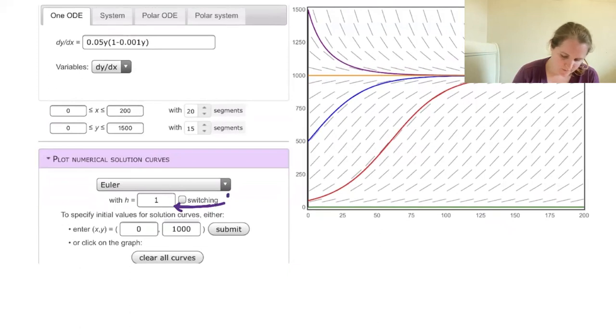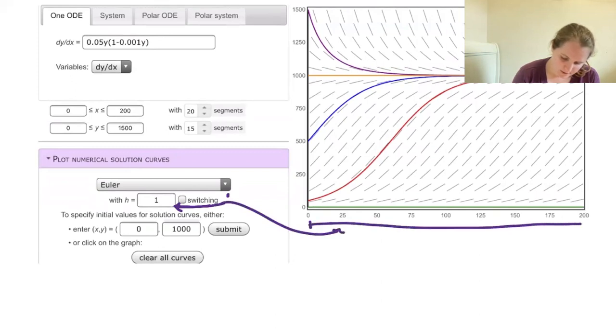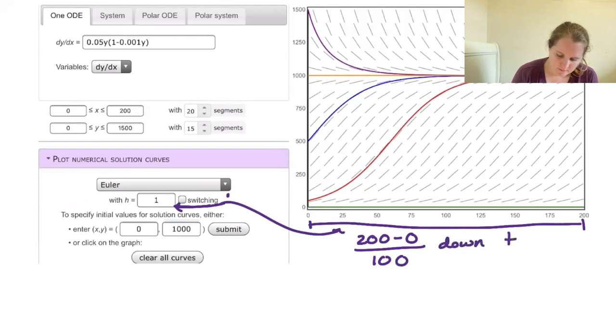So this should be from here to here, somewhere divided by, say, 200 minus 0 divided by somewhere between 100 down to that divided by up to maybe 500.